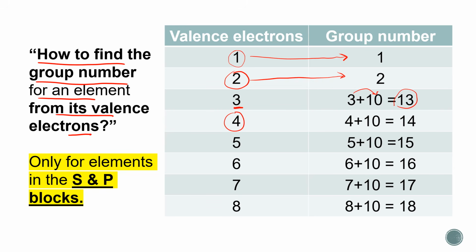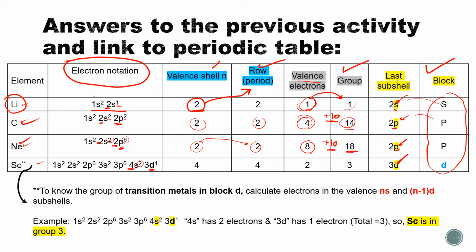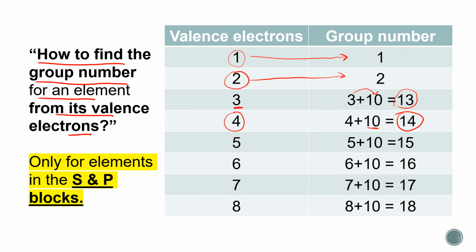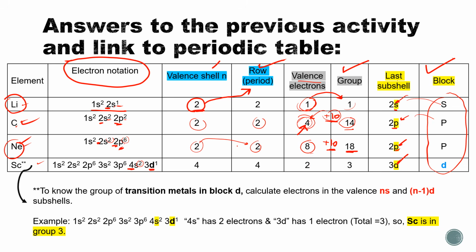So if it's 4, we need to add 10 to it, and it will be group 14. And we saw that with carbon. Carbon has 4 valence electrons, so to find the group, it's in group 14, we need to add 10 plus 4. 5, same thing, add, and 6 also add, and 7 also add 10, and 8 also add 10. And we saw that with neon. Neon has 8 valence electrons. Now we added 10 to it, and now we have the group number.